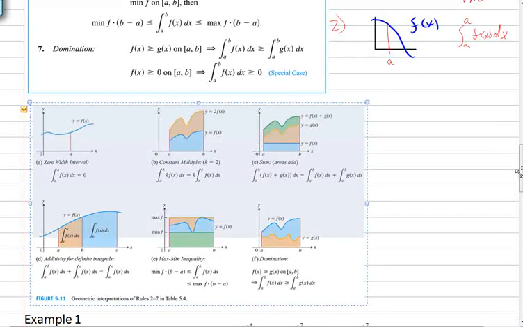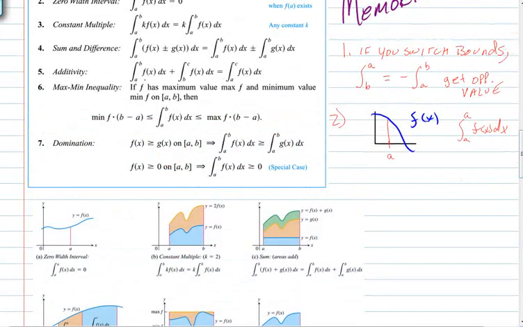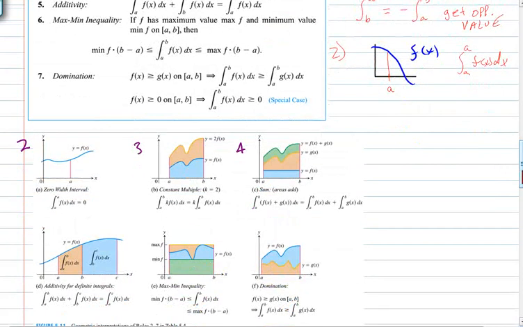The additivity one. It says that if you have a function, oh, by the way, this picture goes with number 2. This picture goes with number 3. This picture goes with number 4. Number 5 is additivity. I'm guessing that's this one. Yeah.